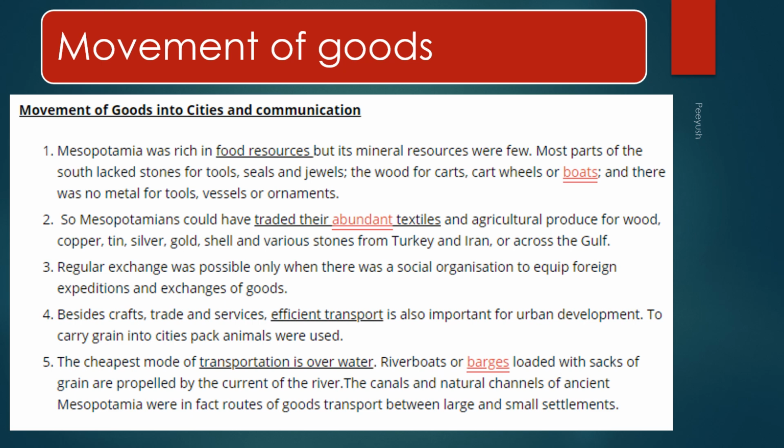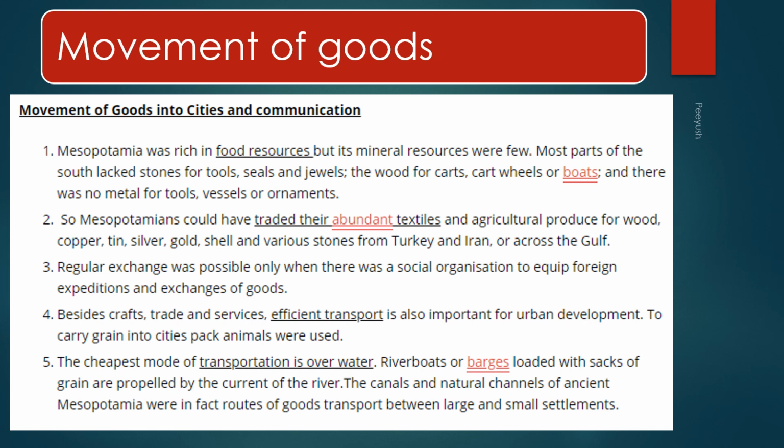So let's talk about it. Movement of goods into cities and communication. Mesopotamia was rich in food resources. Mostly, the main occupation was agriculture, but its mineral resources were few. Mesopotamia was not rich in mineral resources.